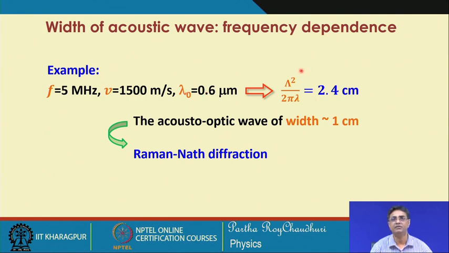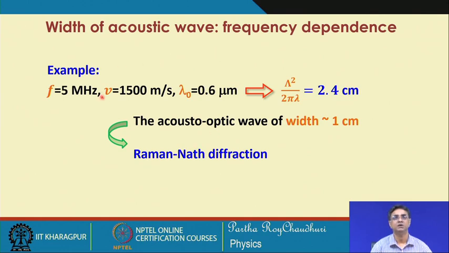In that case, I define this acoustic wave width equal to 2.4 centimeter. Now, this quantity is going to divide the two regimes, that is whether it is Raman-Nath or Bragg diffraction. So, if you are fairly below this, that is if the width is 1 centimeter or so, then certainly that will correspond to Raman-Nath diffraction.